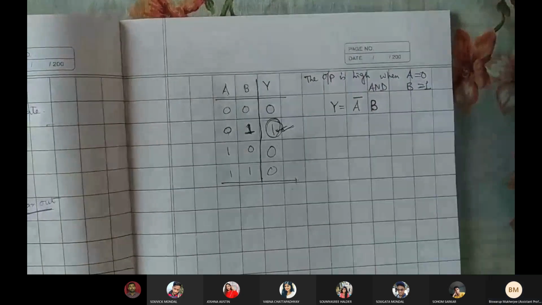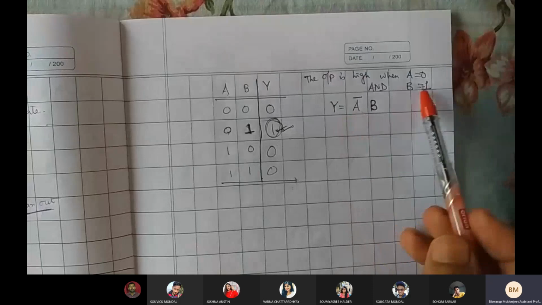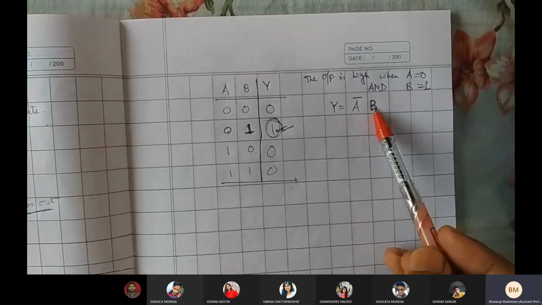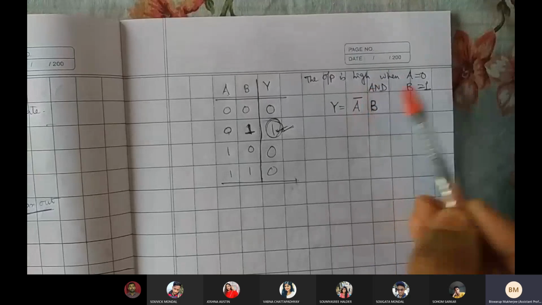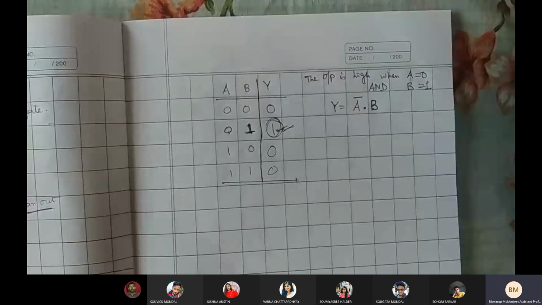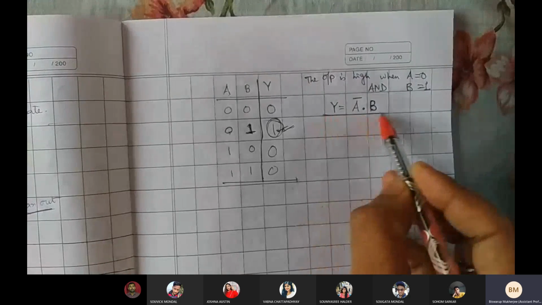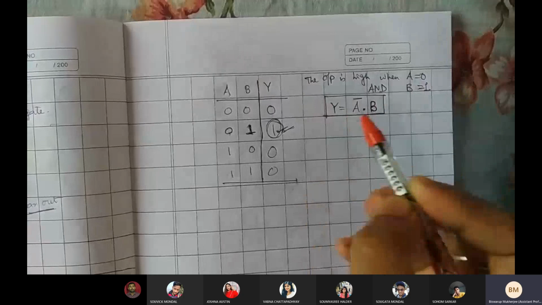A value equal to 0 I can write as A bar, and B value equal to 1 I can write as B. And there is a term called AND, so there will be an AND operator between these two. In this way you can write down the relationship between output and input for this case.